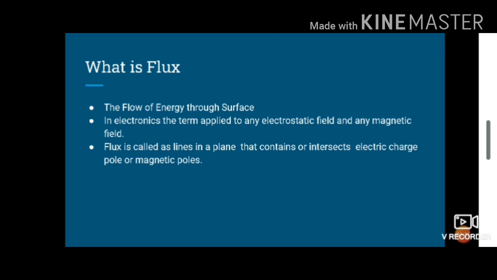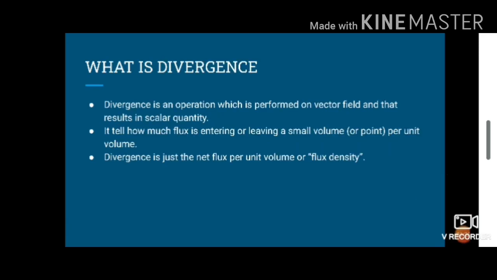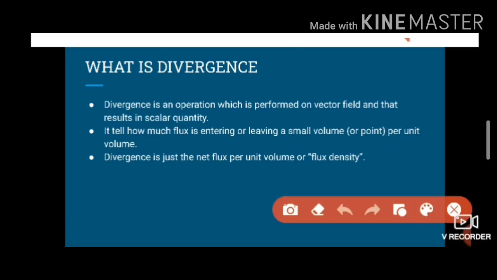So this is flux. And what is divergence? Divergence is net outward flux per unit volume. So this is called as divergence. As I told you, divergence is just the net flux per unit volume, or it may be called flux density. While finding divergence, we do an operation on a vector field, and that results in a scalar quantity.